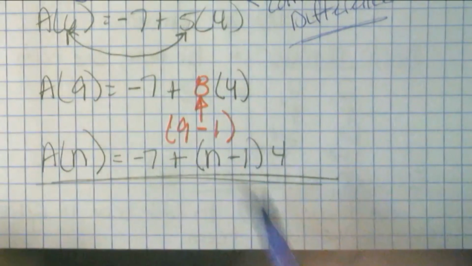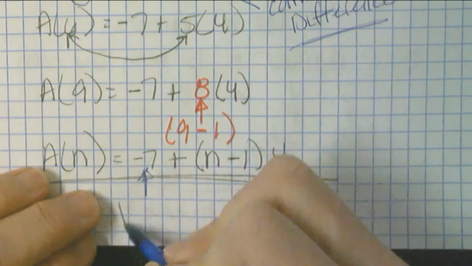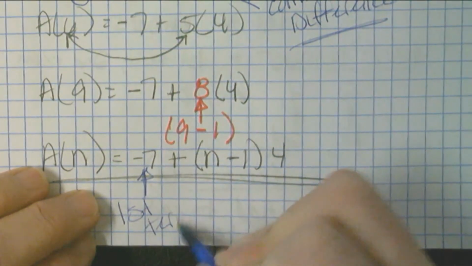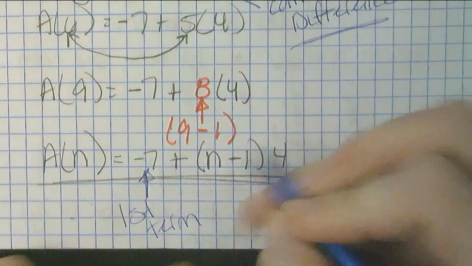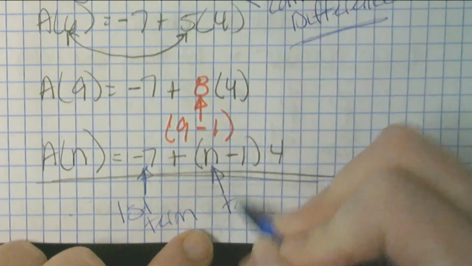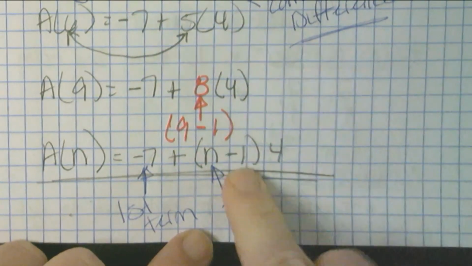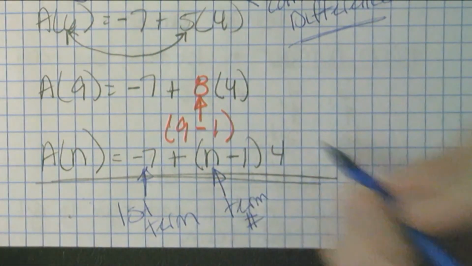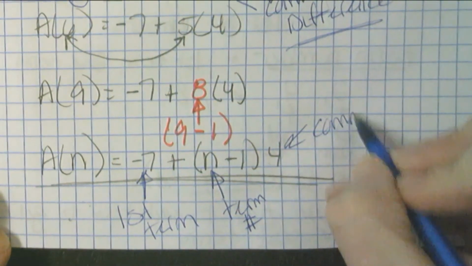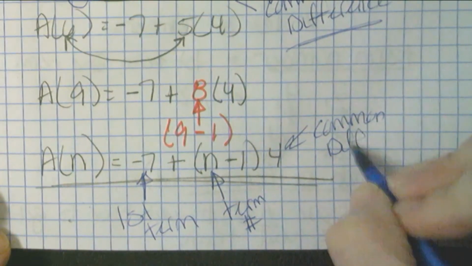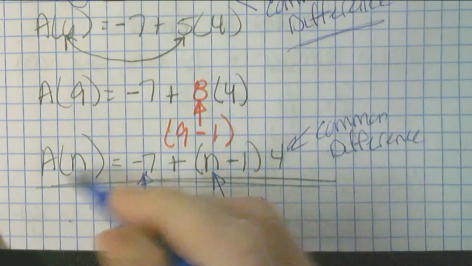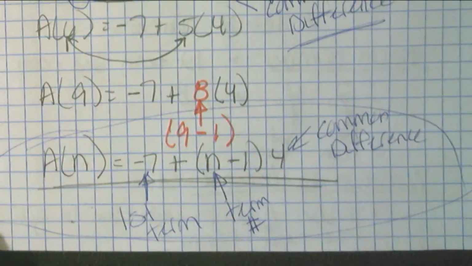Here is my first term. And then here is my term number minus 1 times my common difference. So there is the formula for this sequence.